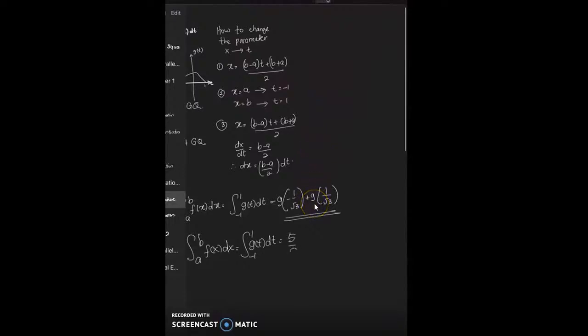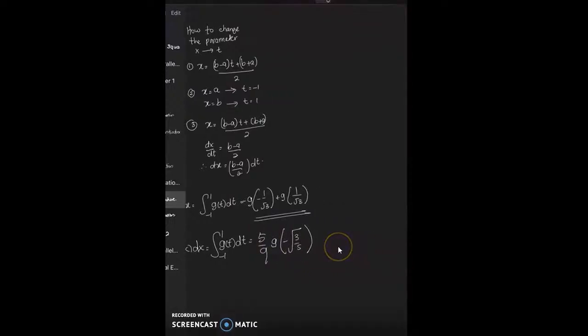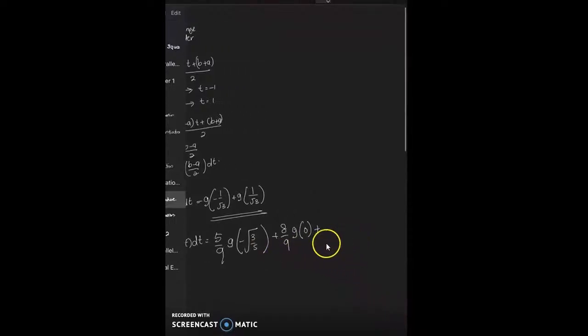So for 2-point, only two terms, but for 3-point, you have three terms: 5 over 9 g of negative root 3 over 5, plus 8 over 9 times g of 0, and the last term is 5 over 9 g of root 3 over 5.